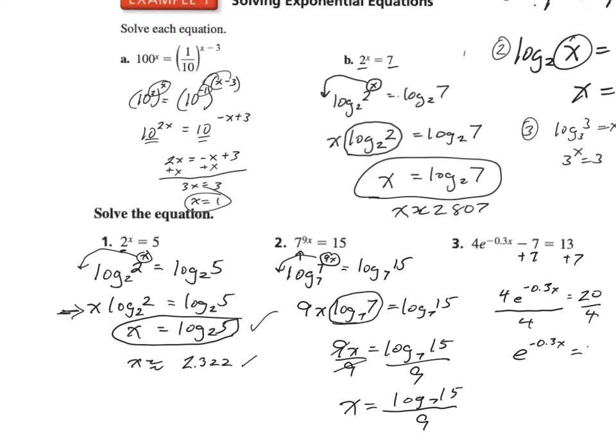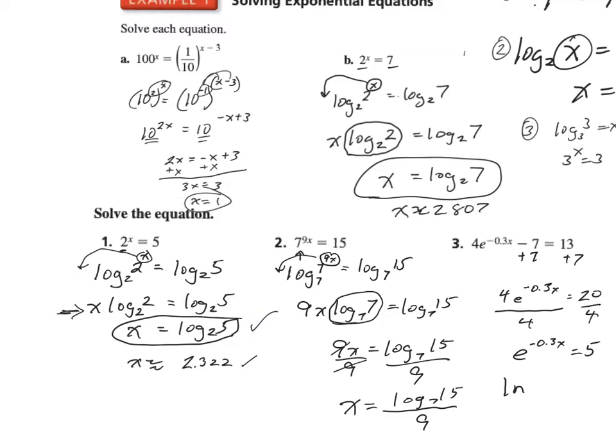0.3x equals 5. Now I am going to take a log to the base of the exponent to which I'm solving for, base e. And if you remember, we could use log base e, or there's a shorthand version called natural log.